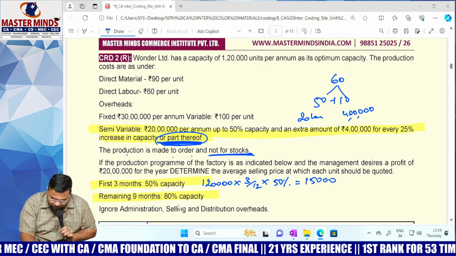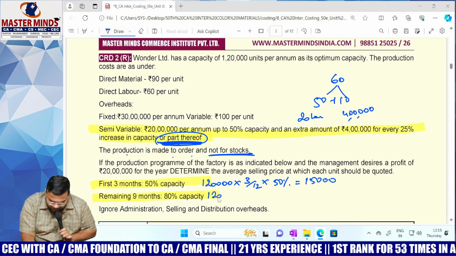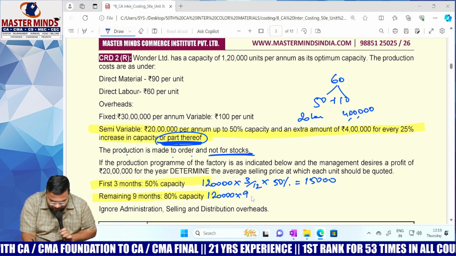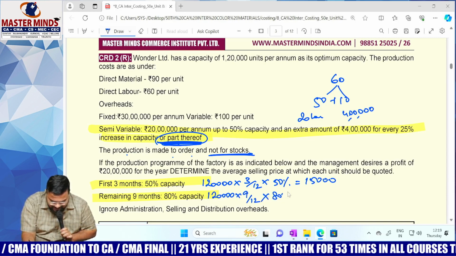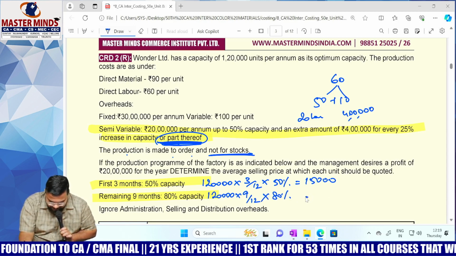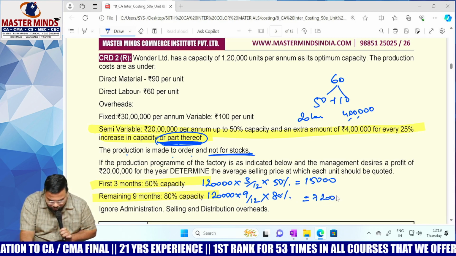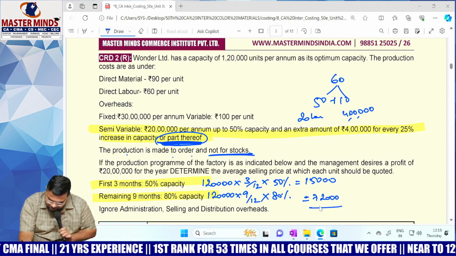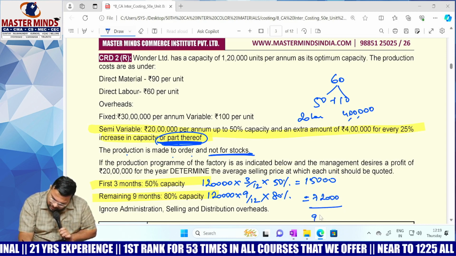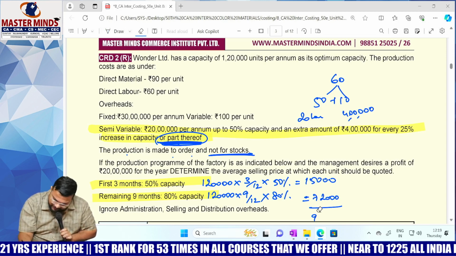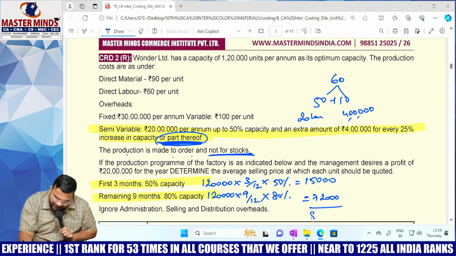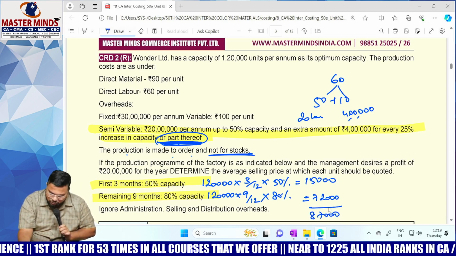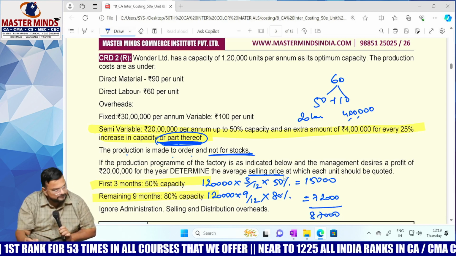And what about the remaining 9 months? 1,20,000 into 9 by 12 into 80%. 72,000, Nana. Once you get the sales value, you will divide it by how much? 87,000. If you divide the sales value with 87,000, you will get the selling price.